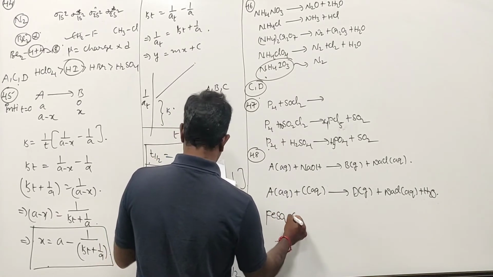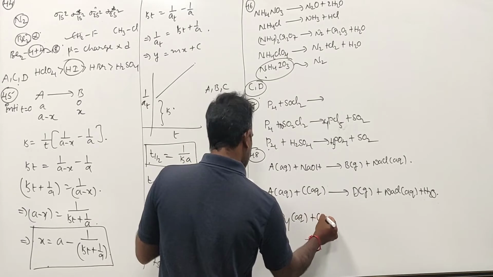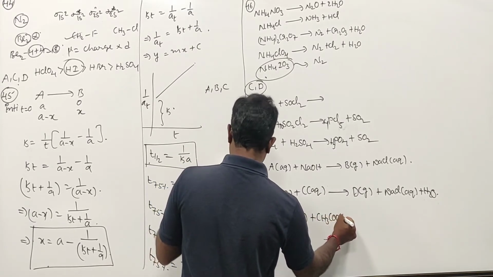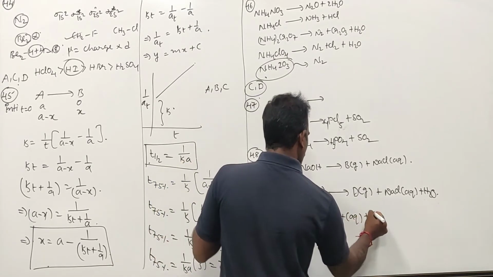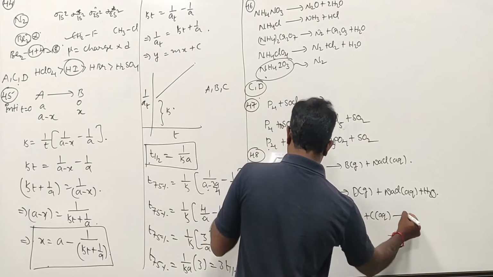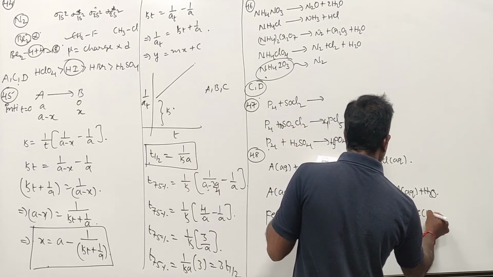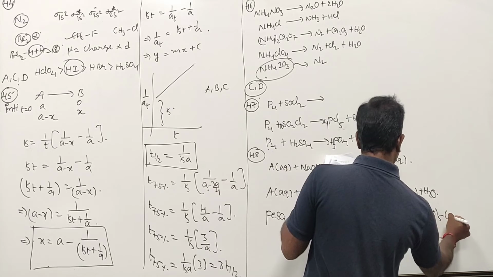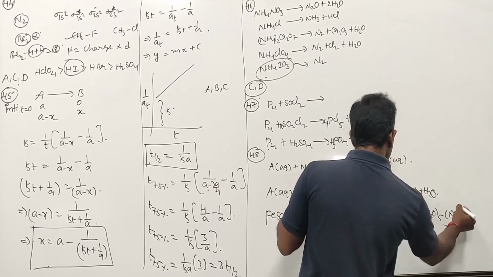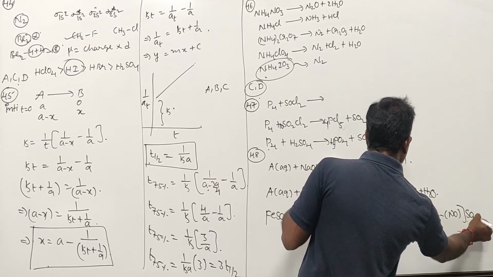FeSO4 aqueous plus CH3COOH aqueous plus C aqueous gives rise to [Fe(H2O)5NO]SO4.